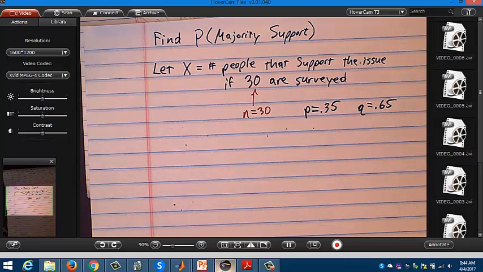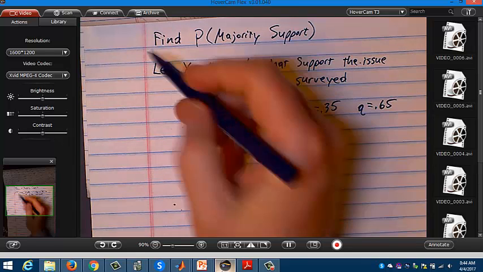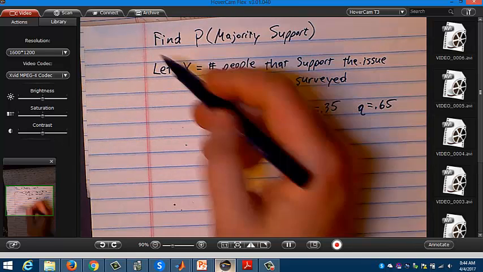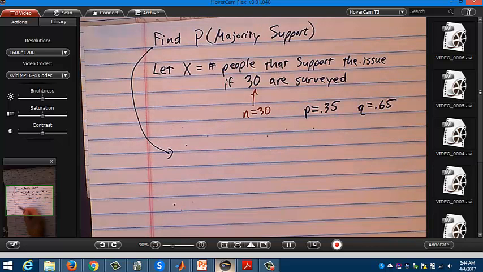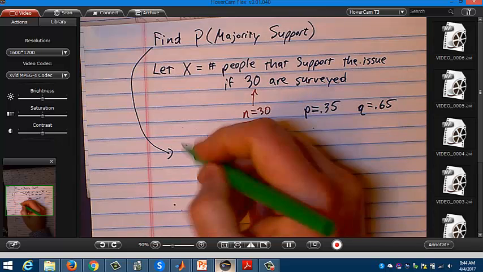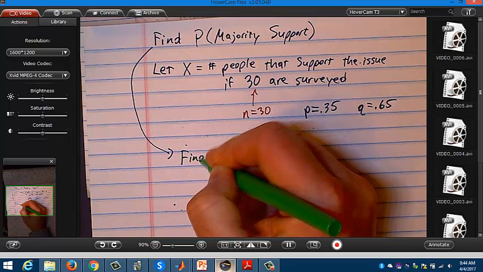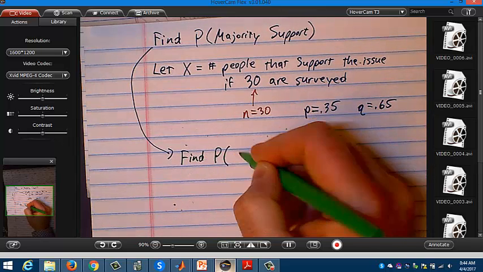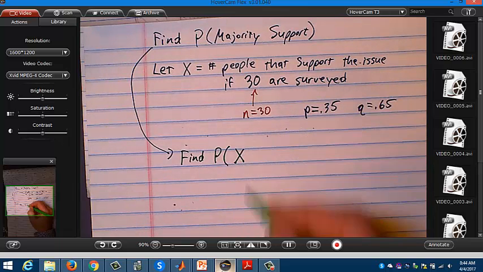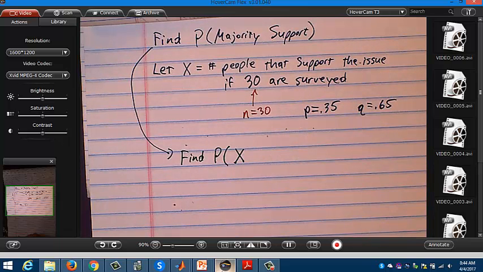So now let's see. I wrote down find the probability that a majority support, but let's rewrite it now. What it really says is find the probability that X is what? How do I express the majority this time?